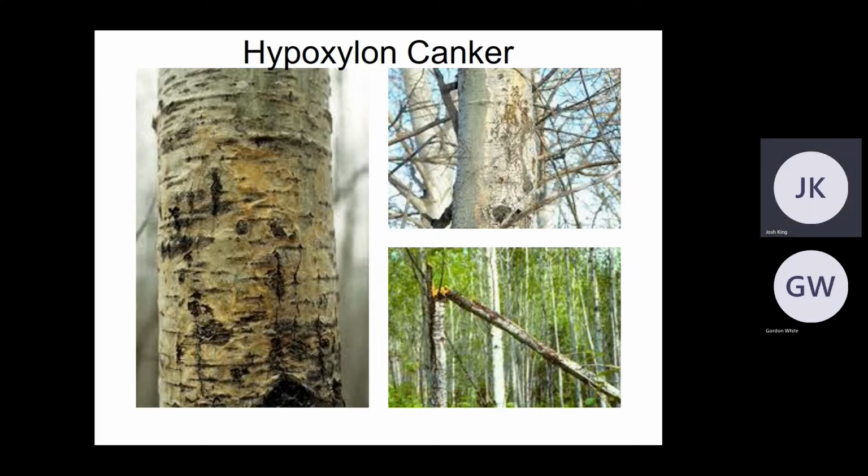You can see here's good bark and there's bad bark, and it'll slough and flake off, and the fruiting bodies are just little tiny black dots in that area. In our forests, if there's a lot of hypoxylon canker in the aspen forest, you'll see lots of failures right at about this same height.